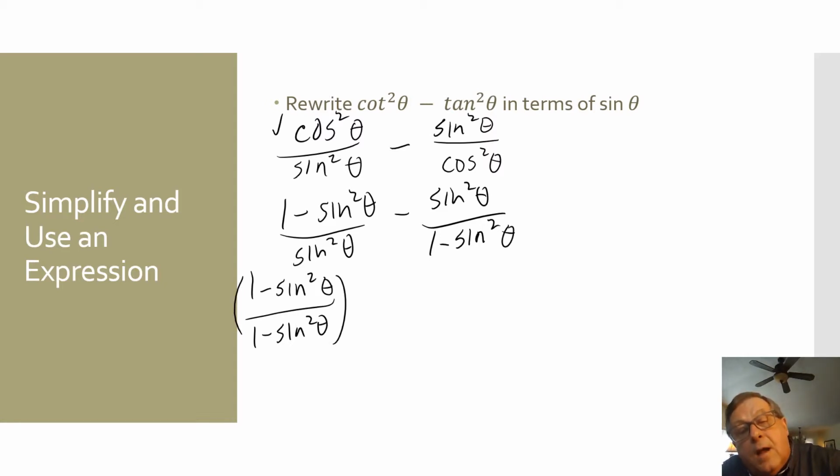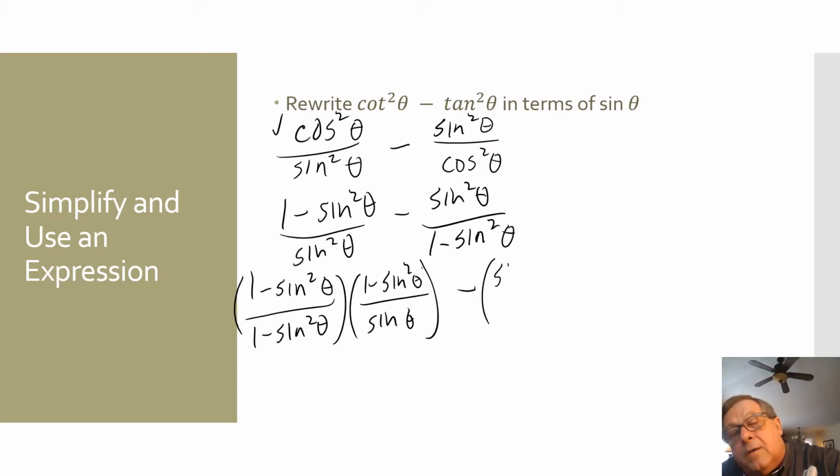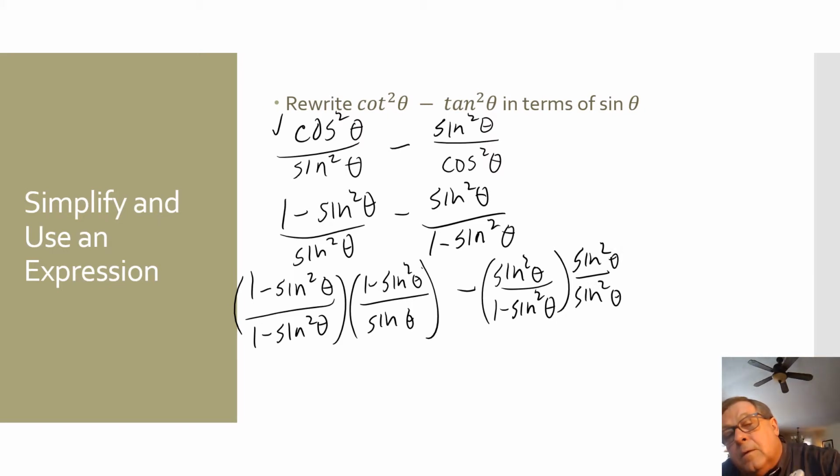And then on the right-hand side, where we've got the sine squared of theta over 1 minus the sine squared of theta, we're going to multiply it by the sine squared of theta over the sine squared of theta. And this should give us a common denominator.